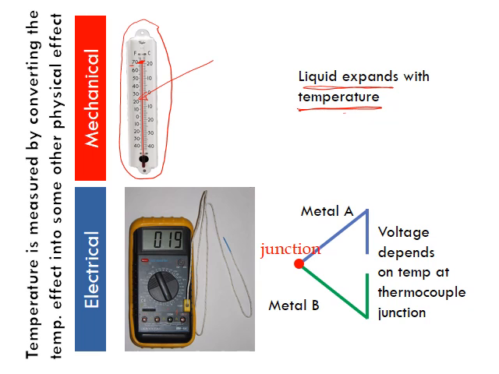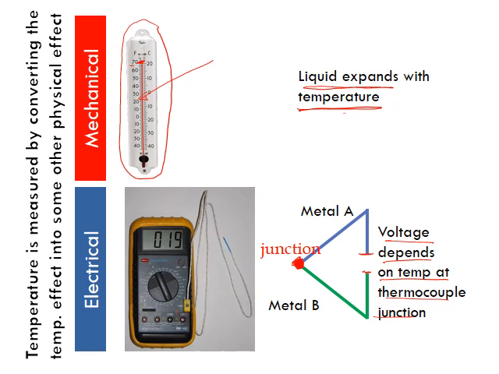For example, this is the property of a bimetallic junction: when you have two dissimilar metals and you join them on one end, then a voltage is created at the other end. This voltage depends on the temperature at the thermocouple junction.